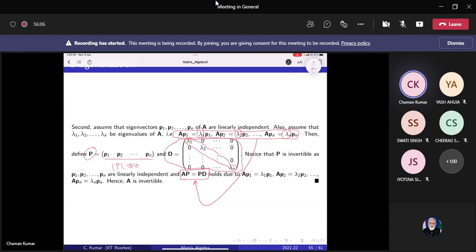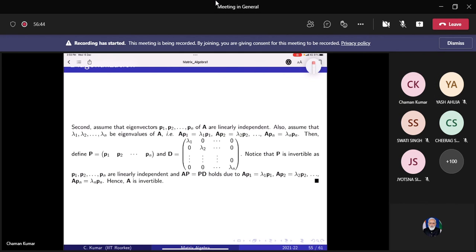So from the relationship that we have obtained, we get this relationship. That means we are able to find an invertible matrix P such that AP is equal to PD, where D is the diagonal matrix whose diagonal elements are eigenvalues of A, and P is an invertible matrix whose columns are the eigenvectors of A. Fine.